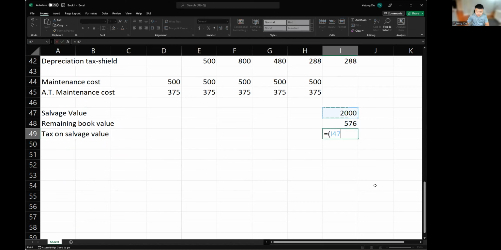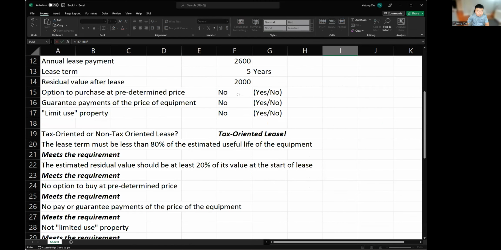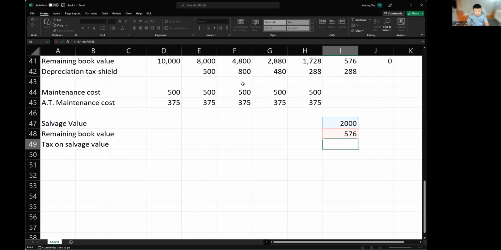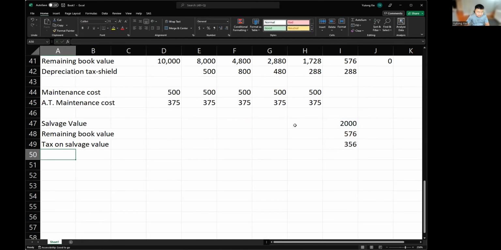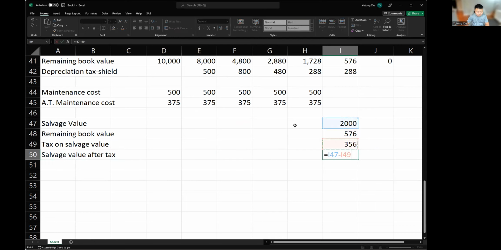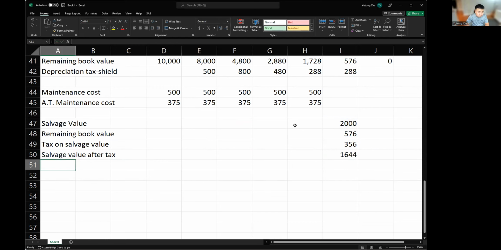Parentheses, the amount you got minus the book value, which is essentially your expense, multiplied with the tax rate. So it is here, 25%. I got 356. And then I'll call it salvage value after tax. I don't remember what I called it in class. So it's going to be this 2000 minus 356. Okay, I got 1644.